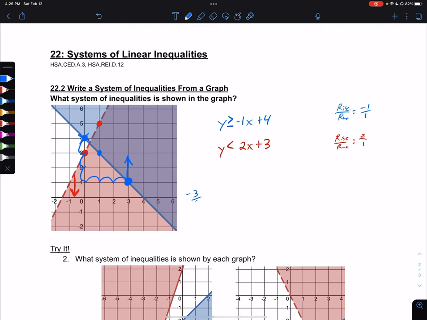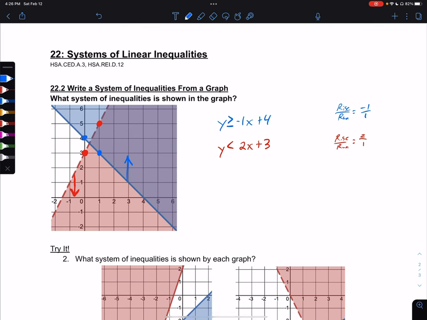So if I were to write that as negative 3 over 3, that still reduces to negative 1. So you don't want to feel like you always have to pick the perfect point. Any points along your line will do. Once you reduce the fraction, your rise over run, you'll still get the same slope value. So there are multiple options for those.